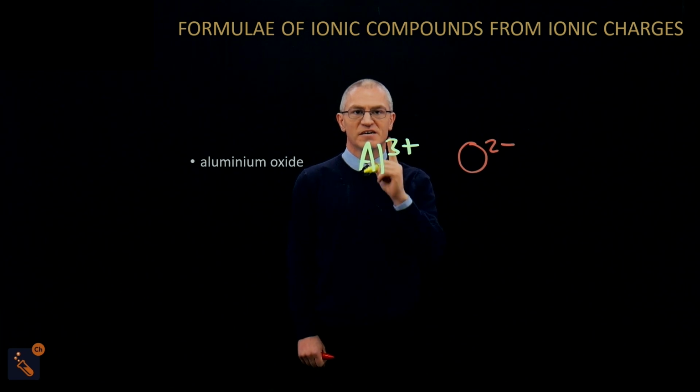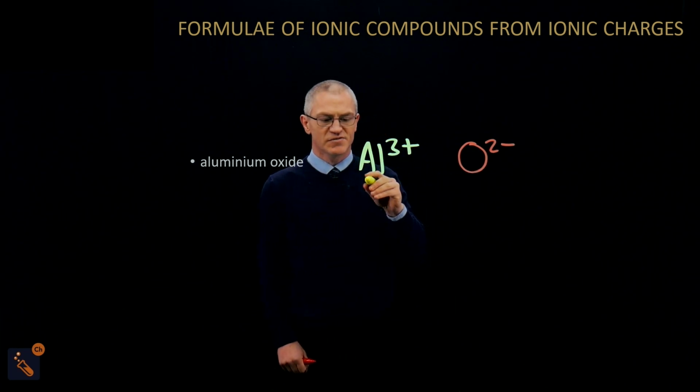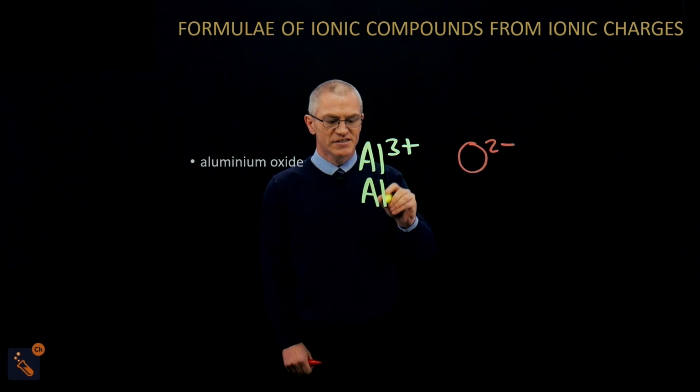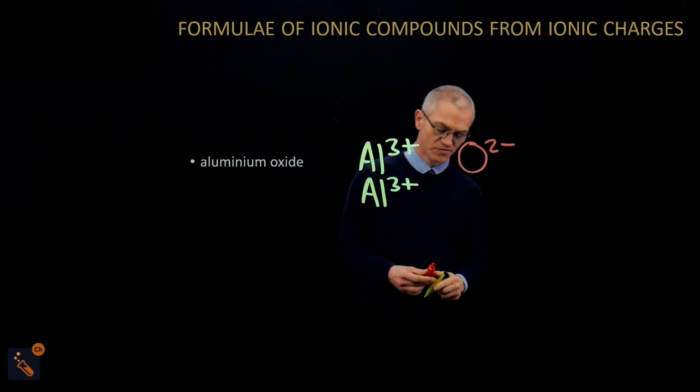So if we look here, 3 divides into 6 and 2 divides into 6. So what we can say is if we try and get to 6, Al3 plus, that will be 6 plus overall.